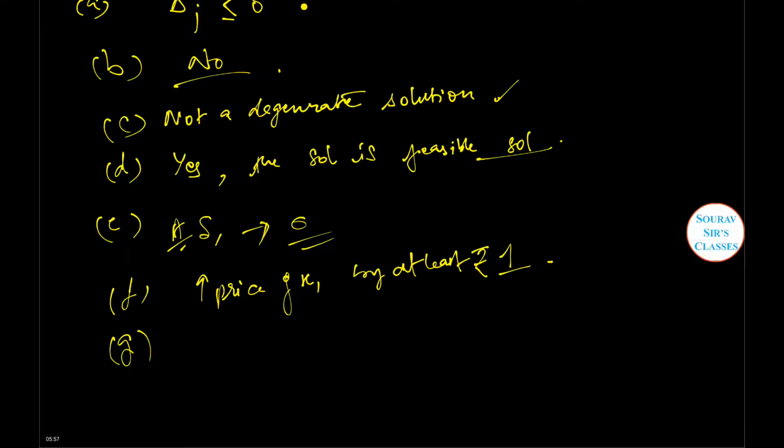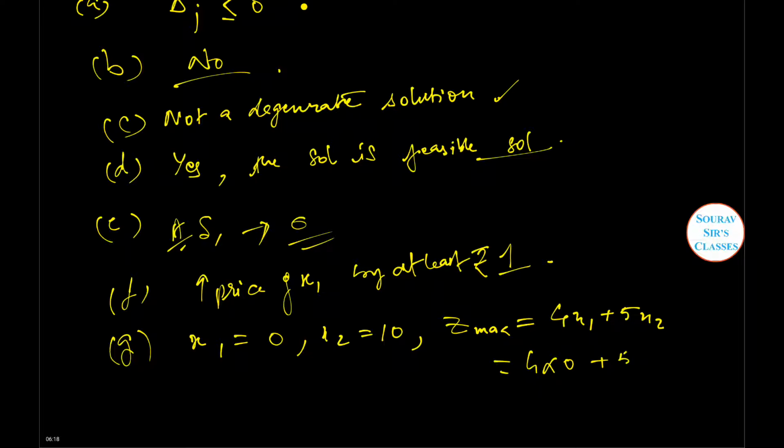By the given table we can see that x1 is equal to 0 and x2 is equal to 10, whereas Z max, the objective function, is 4x1 plus 5x2, which is equal to 4 into 0 plus 5 into 10, which is equal to 50, or rupees 50.